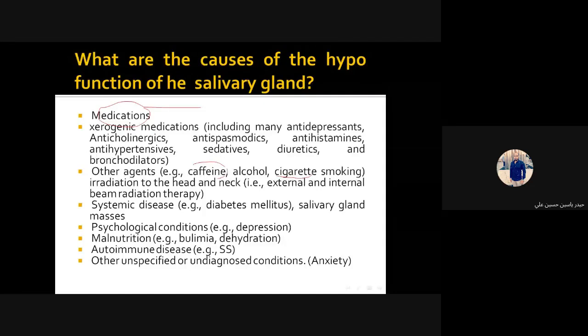Another systemic disease like diabetes influences the secretion, and even psychological factors, malnutrition, and sometimes autoimmune disease, like for example Sjogren syndrome. These are the most common causes which may be associated with hypofunction of the salivary gland.